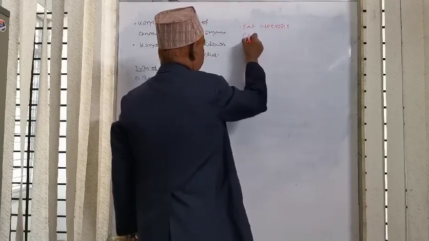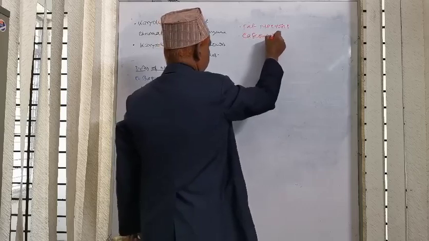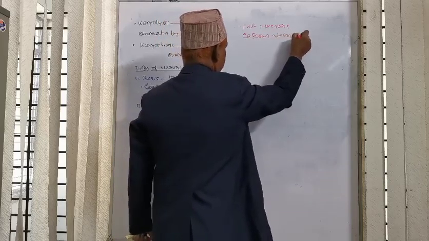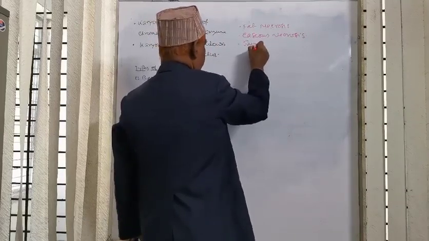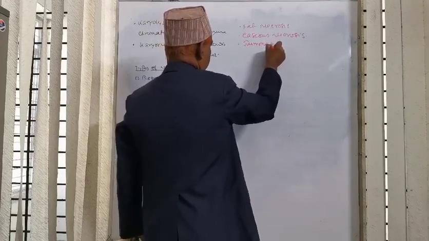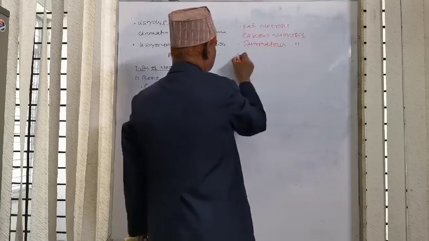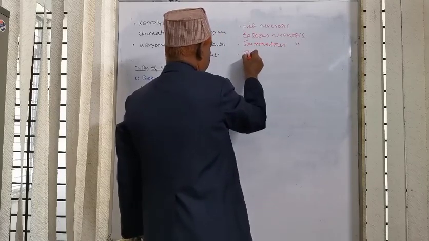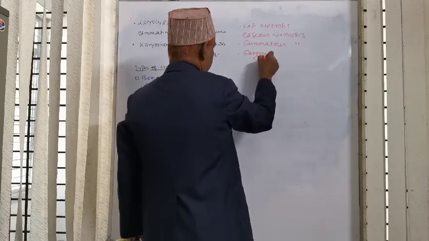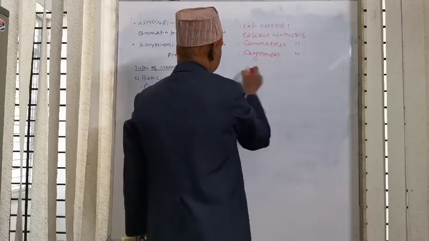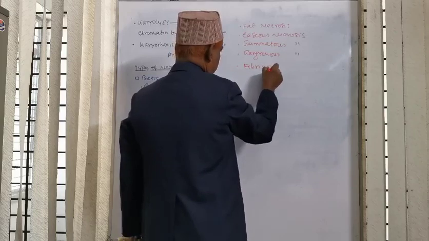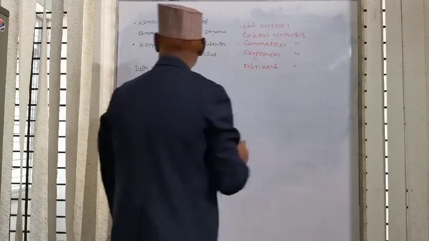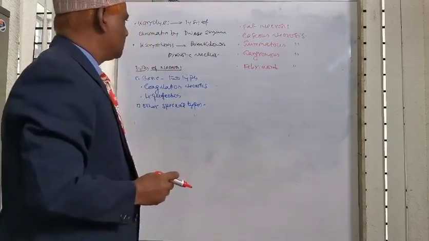Another is caseous necrosis. Another is gummatous necrosis. Another is gangrenous necrosis. Another is fibrinoid necrosis. So these are the types, or classification, of necrosis.